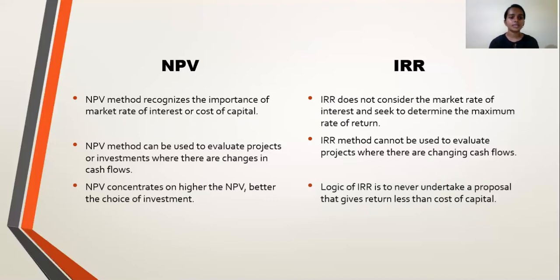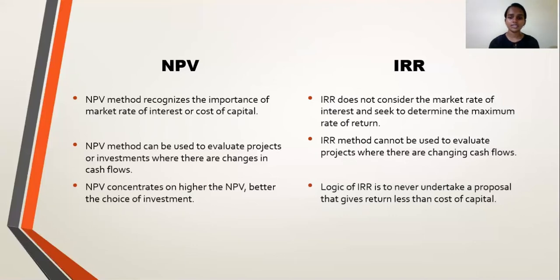When it comes to the next difference, the NPV method can be used to evaluate projects or investments where there are changes in cash flows, whereas the IRR method cannot be used to evaluate projects where there are changing cash flows.